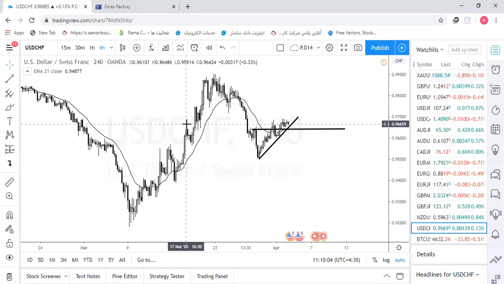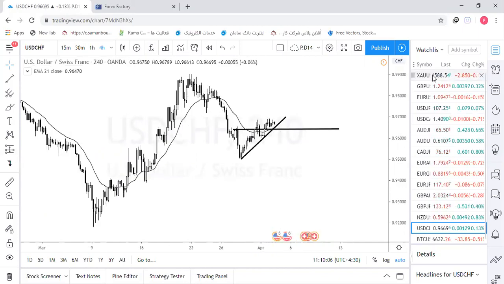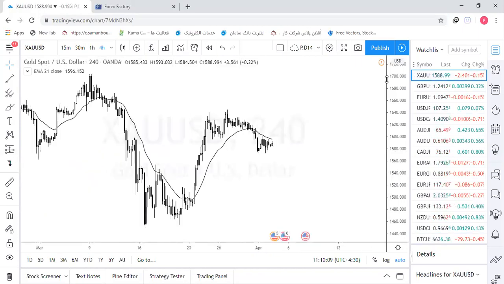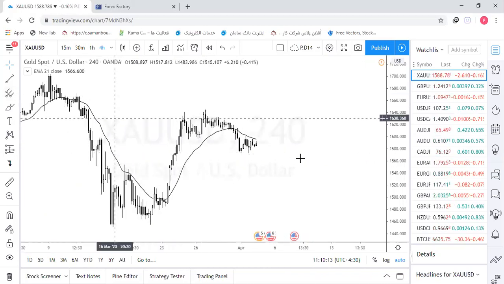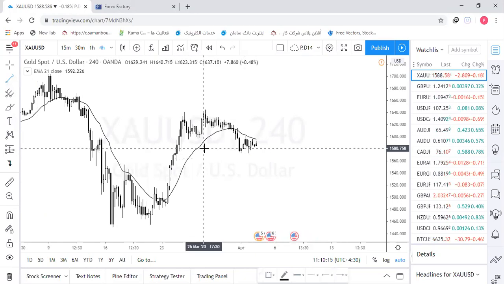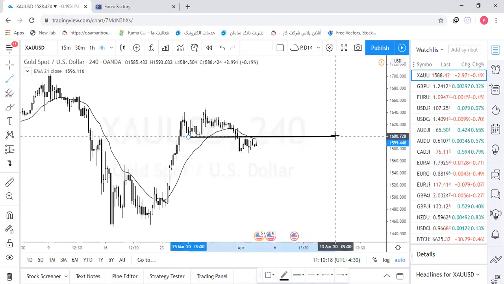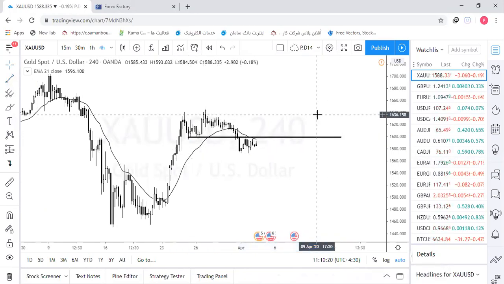Okay, so let me start analyzing with XAU USD or gold. Right now, price is consolidating below this very strong support area. Now it's a resistance area.